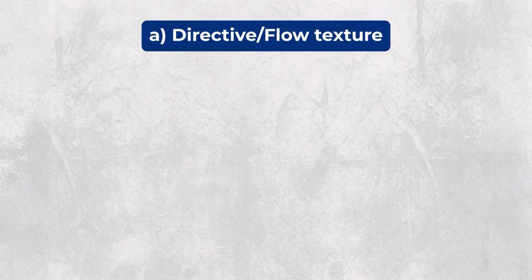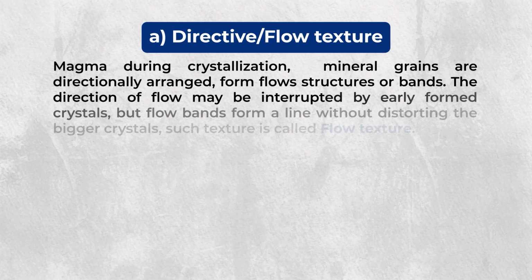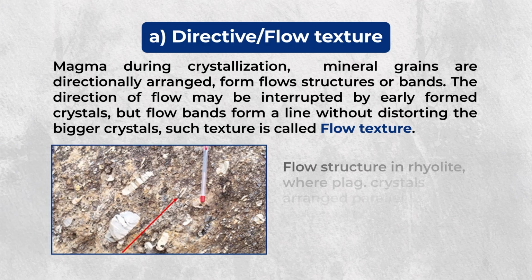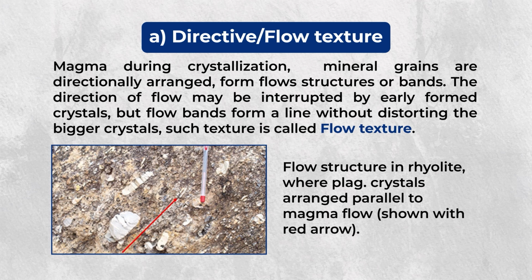In directive texture, during crystallization of magma, mineral grains are directionally arranged to form flows, structures, or bands. The direction of flow may be interrupted by early formed crystals, but flow bands form a line without distorting the bigger crystals. Such texture is known as flow texture. Flow texture in rhyolite, where plagioclase crystals are arranged parallel to magma flow.